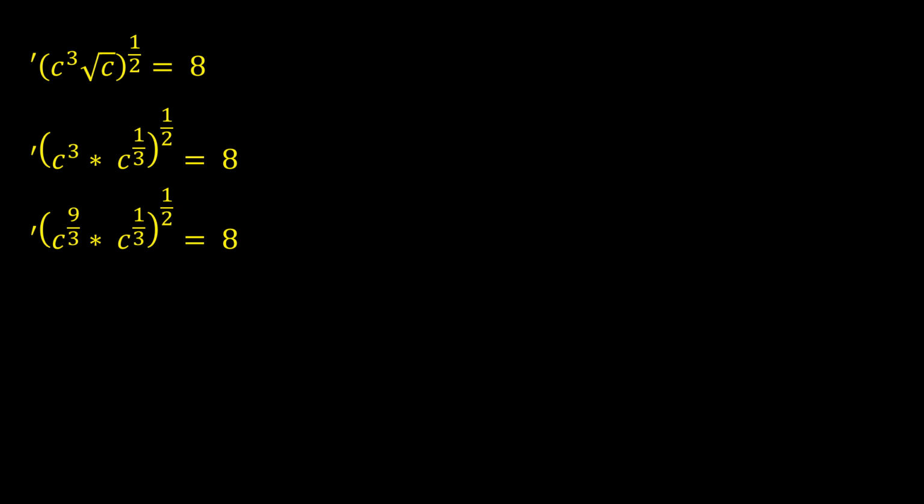Express c cubed as c to the 9/3 power. Inside the parentheses, c to the power of 9/3 times c to the power of 1/3 simplifies to c to the power of 10/3.